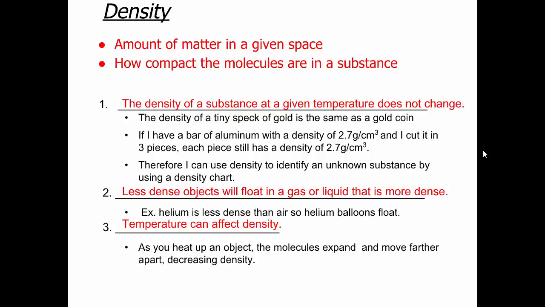If I have an aluminum cube and I cut it into 3 pieces, each piece is still going to have a density of 2.7 grams per cubic centimeter. Okay? So if I have some unknown material and I find its density, I can determine what substance it is by comparing that to a chart.